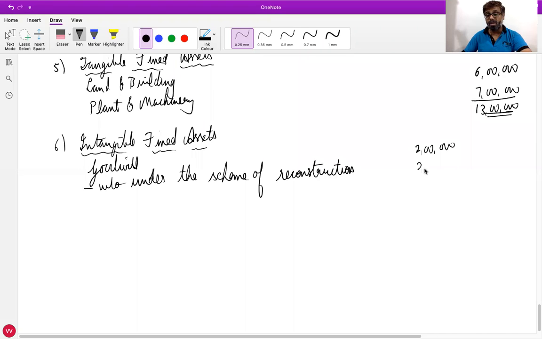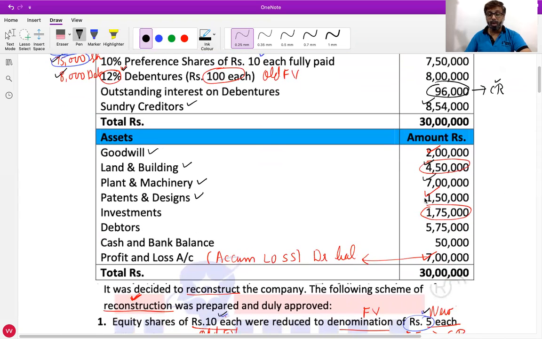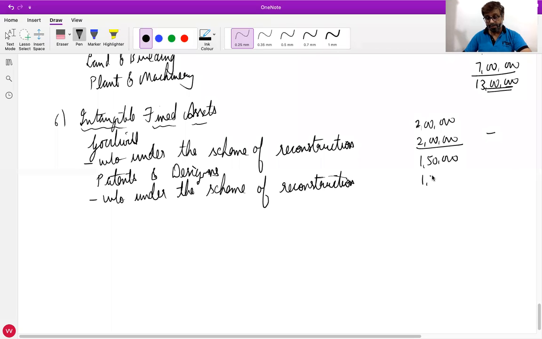So outer column nil. Same way, patents and designs are also intangible fixed assets, 1,50,000 minus written off under the scheme of reconstruction 1,50,000. So again, outer column nil.